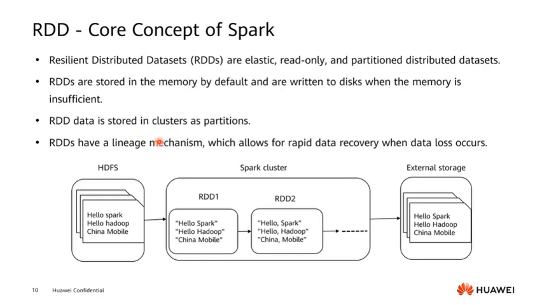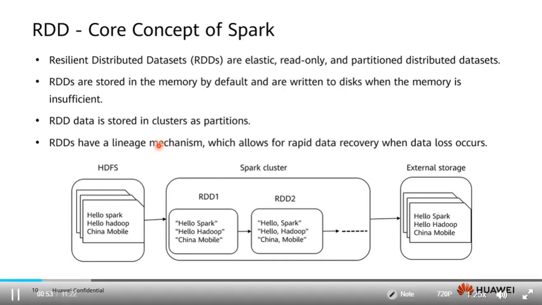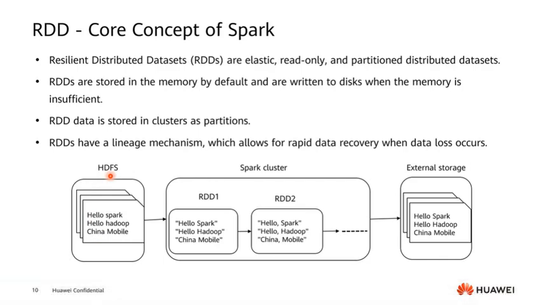So how is an RDD generated? An RDD can be created from a Hadoop file system or a storage system that Hadoop is compatible with, such as HDFS. Alternatively, an RDD can be converted from a parent RDD, which is the last RDD before it.